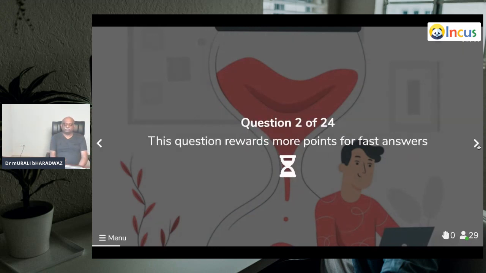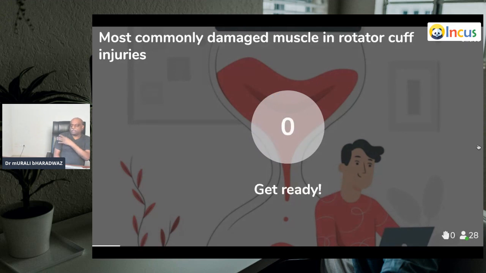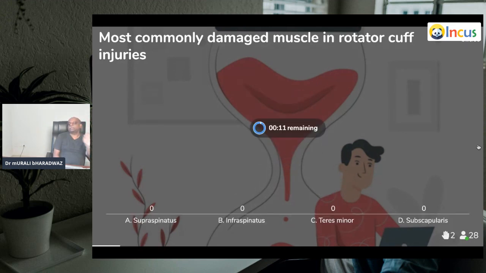Now, question 2. In the rotator cuff, which is the most commonly damaged muscle in rotator cuff injuries?